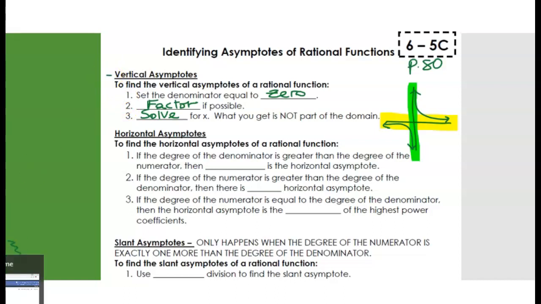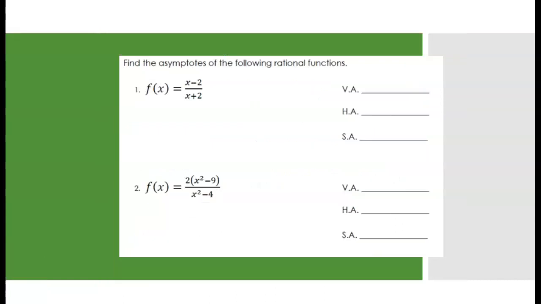So I'm going to go to a problem. I'm going to try to find the vertical asymptote of number 1. By the way, VA stands for vertical asymptote and HA stands for horizontal asymptote. So for number 1, I need to set the denominator equal to 0, because I'm trying to find the vertical asymptote.